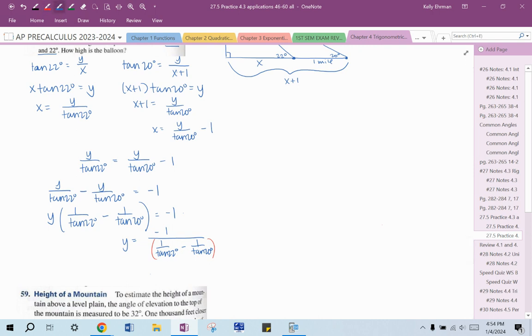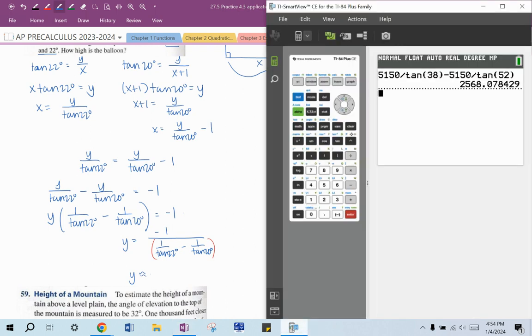So when I get down to this, I'm going to say y is approximately equal to negative 1 divided by, parentheses for the denominator, 1 divided by tangent of 22, close that angle, and then minus 1 divided by tangent of 20, close that angle, close the parentheses around the denominator, and press enter.